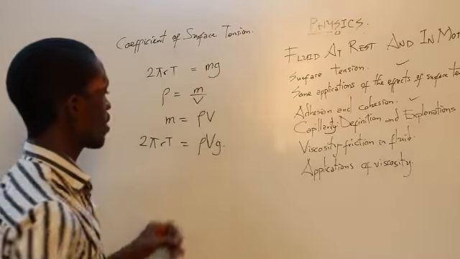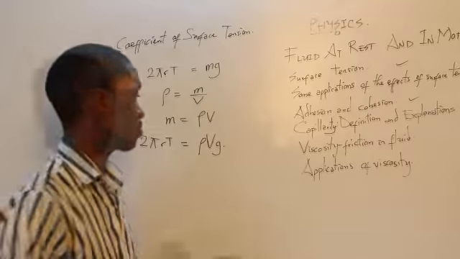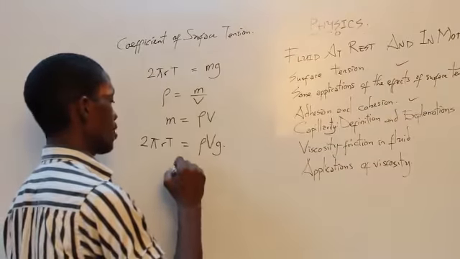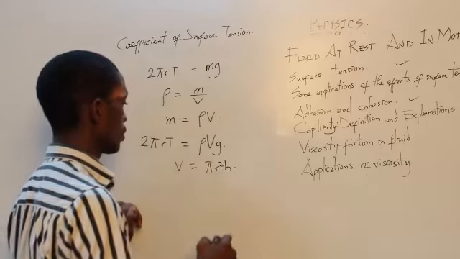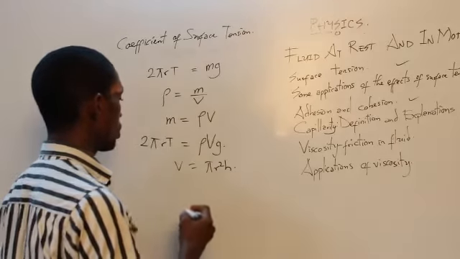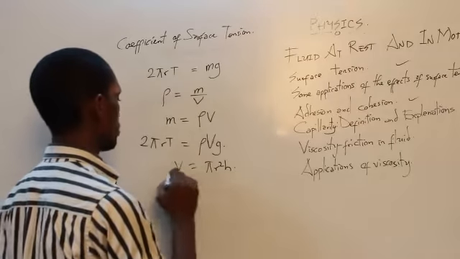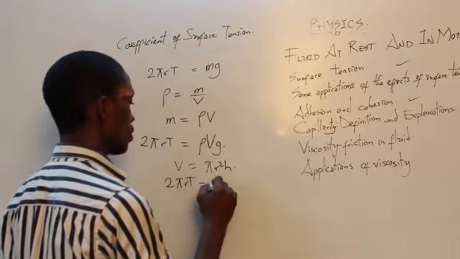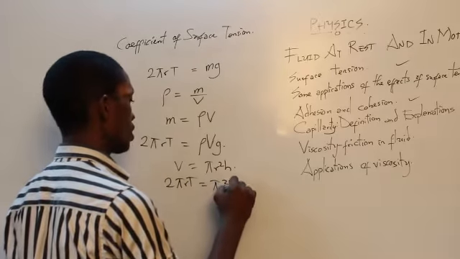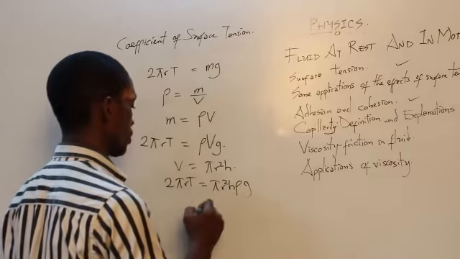We can also simplify our v considering a cylindrical shape. The volume of a cylinder is calculated by pi r squared h. So putting this into the expression, we now have 2 pi r T equals pi r squared h rho g.